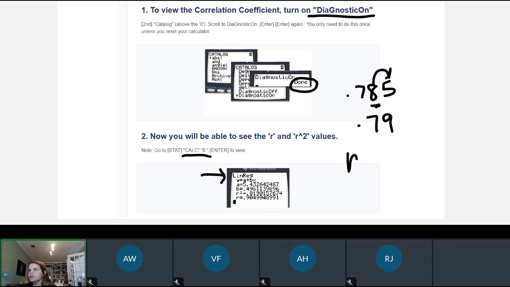Okay, so Anaya, once you put in your table, do you know how to find the equation? Okay, just a second, Richard. Just a second, Allie.